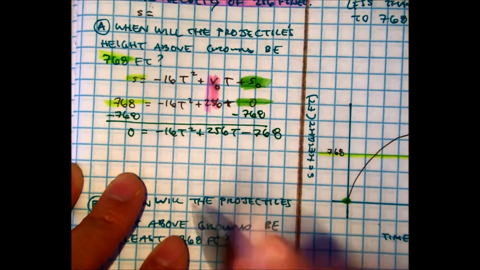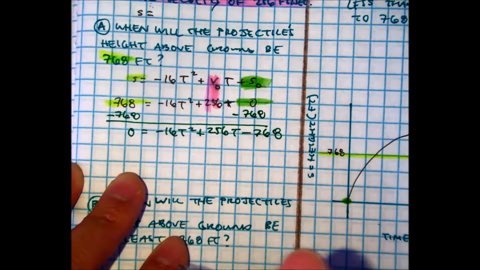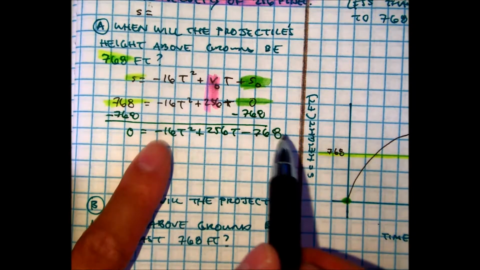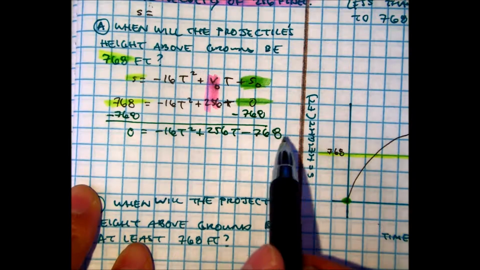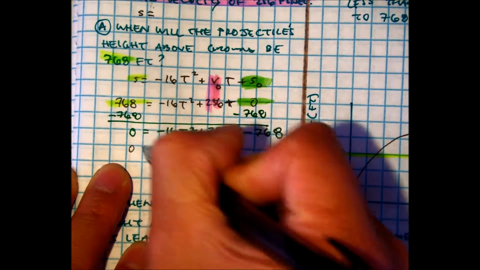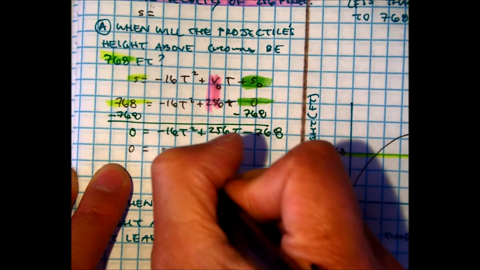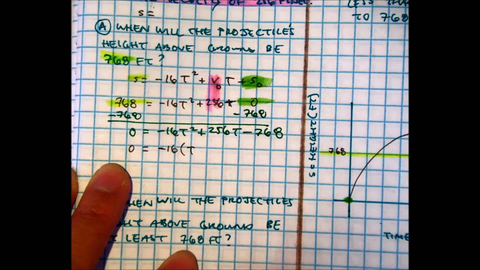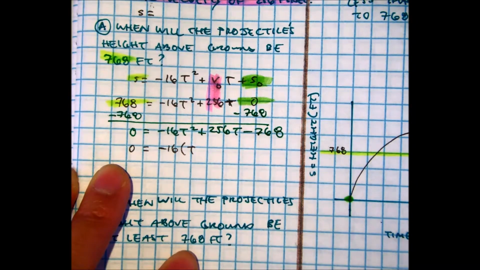I'm not going to use the quadratic formula. If I think ahead, I don't really want my a value to be negative 16 and my c value to be negative 768. So I'm going to factor out a greatest common factor of negative 16. Then I can use my calculator.